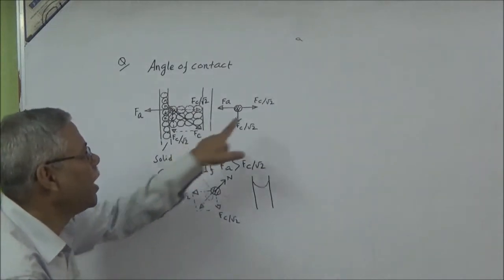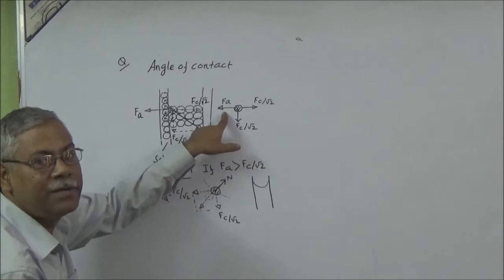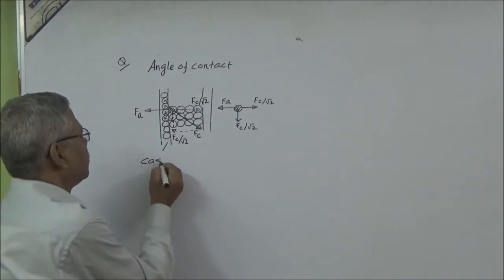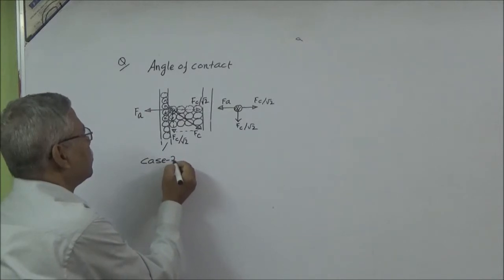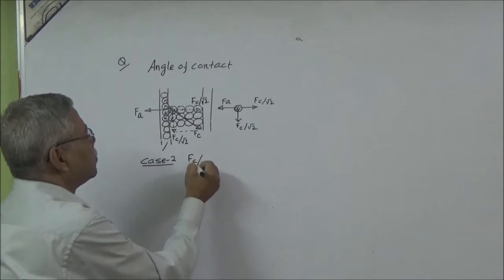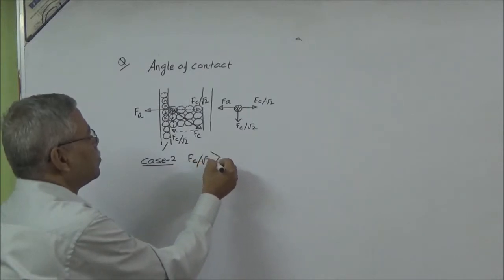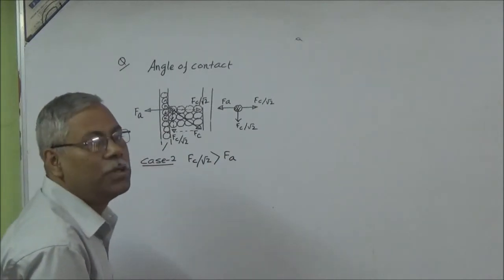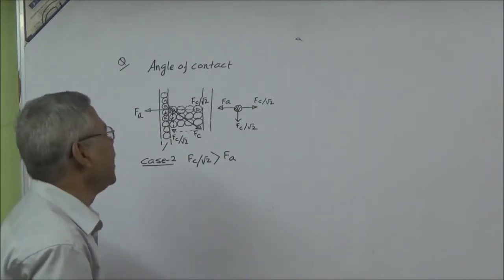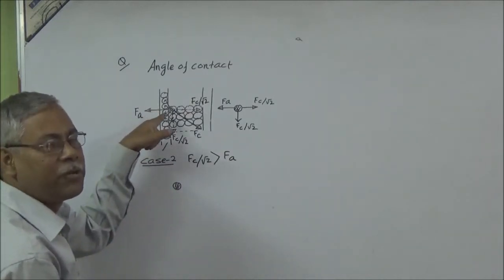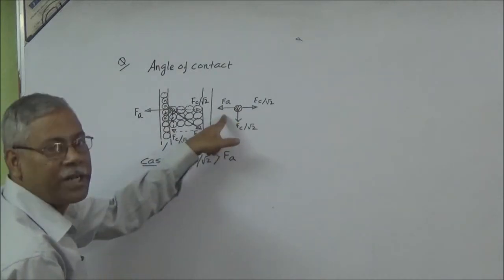In case 2, Fc by root 2 will be greater than Fa. In that case, this is the molecule of the liquid. Fc by root 2 is greater than Fa.